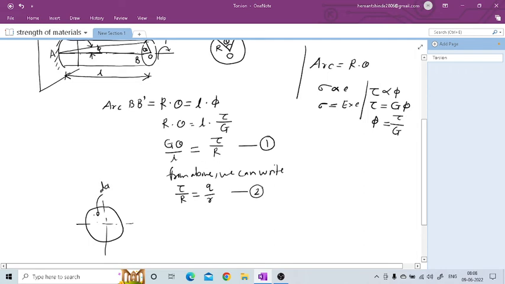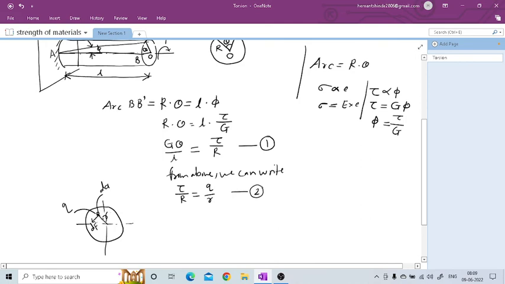The shear stress present here will be q, and this point is at radius r. Then the force acting on this particle will be dF. As we have considered a small particle, the force generated will be small, that is dF.